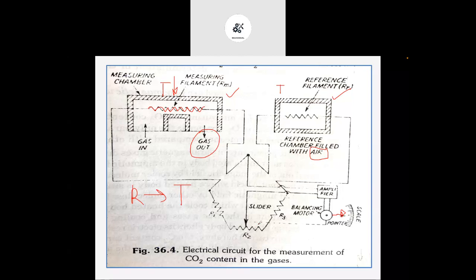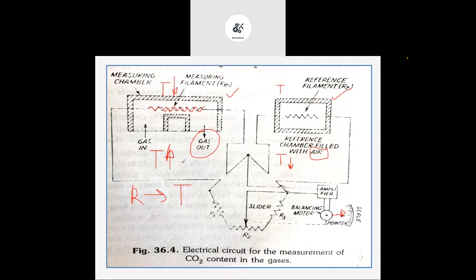Similarly, if water vapor is present inside the flue gases, that is also going to cause variation in the reading of that particular instrument. So there are some drawbacks, but by using this simple method, you can measure the amount of CO2 inside these flue gases.